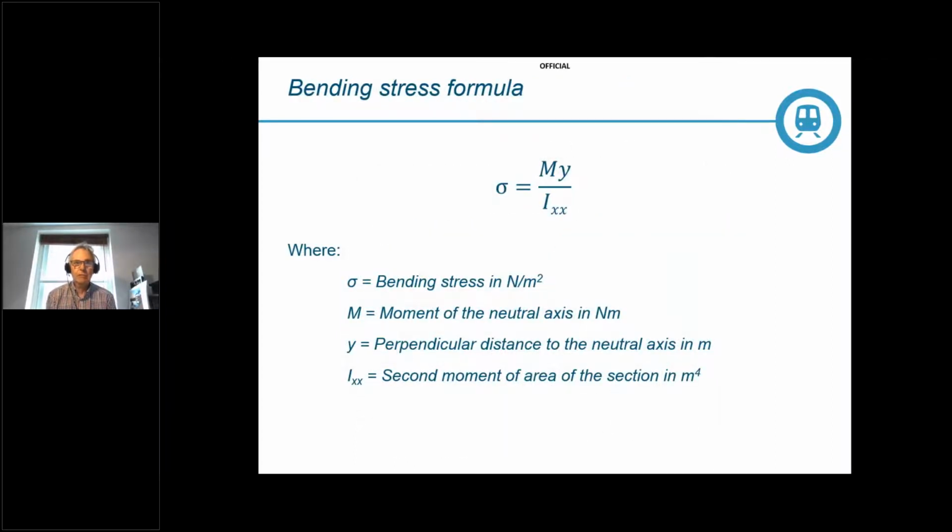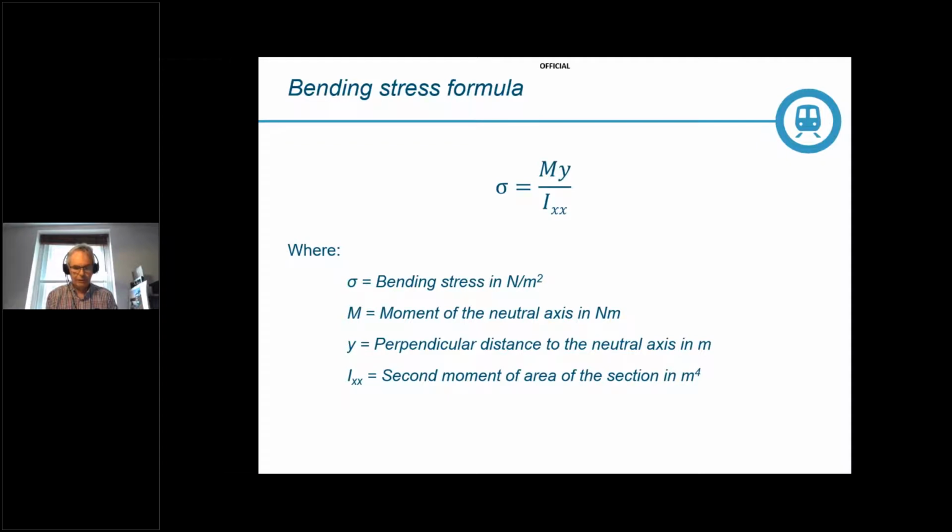So this is the general equation for bending. The stress equals the moment, M, times the perpendicular distance, y, between the neutral axis and where you're actually considering the loading, divided by the second moment of area of the section.